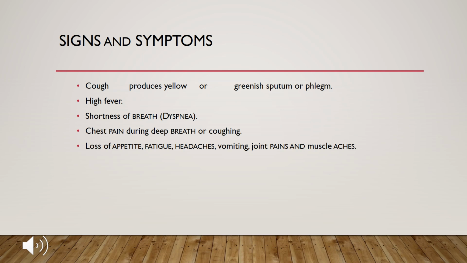Signs and symptoms of pneumonia: cough, which produces yellow or greenish sputum or phlegm, high fever, shortness of breath, chest pain during deep breath or coughing, loss of appetite, fatigue, headaches, vomiting, joint pains, and muscle aches. Actually, pneumonia is one kind of viral infection.